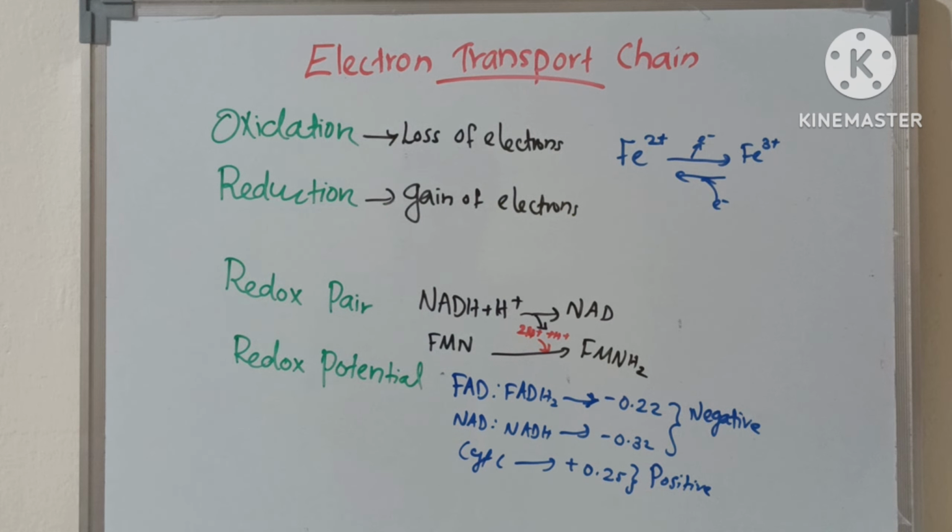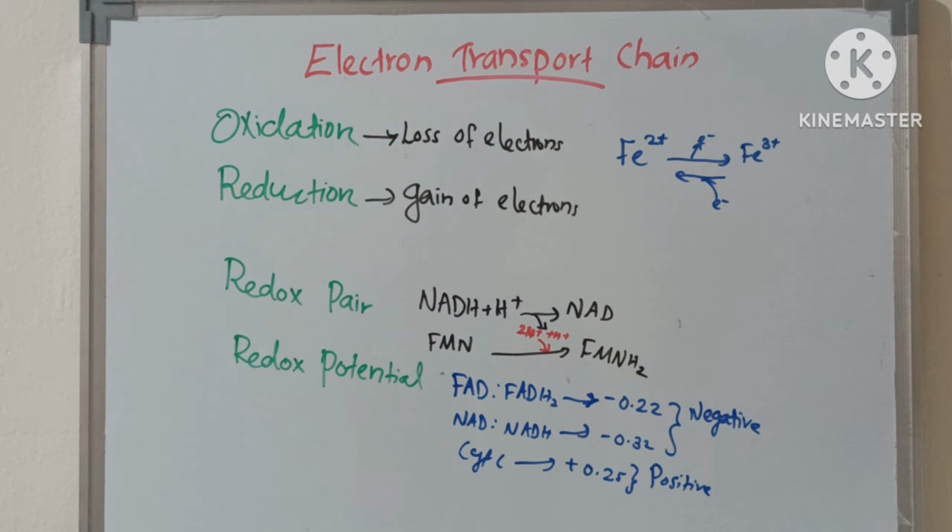For example, the redox potential of FAD to FADH2 is minus 0.22, NAD to NADH is minus 0.32, and FMN to FMNH2 is minus 0.30. This is known as negative electron transfer potential.